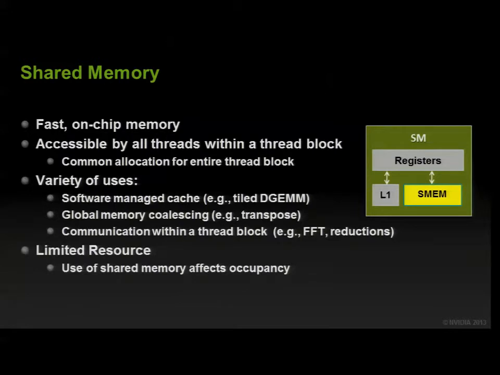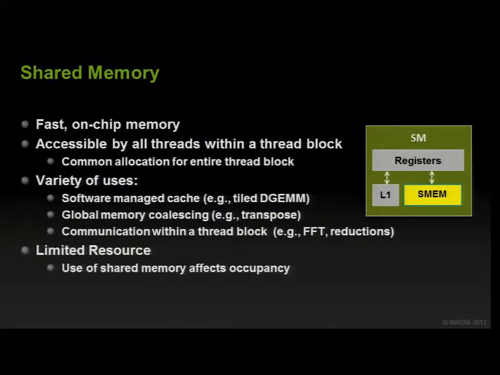It is actually part of the L1 cache, so it's the same hardware as our L1 cache, and there are mechanisms of increasing the L1 cache at the expense of a reduced shared memory. In the Kepler architecture, these features are turned off by default, but if you're still working on the old Fermi architecture, that's one thing that you sometimes can play around with to get slightly better performance.